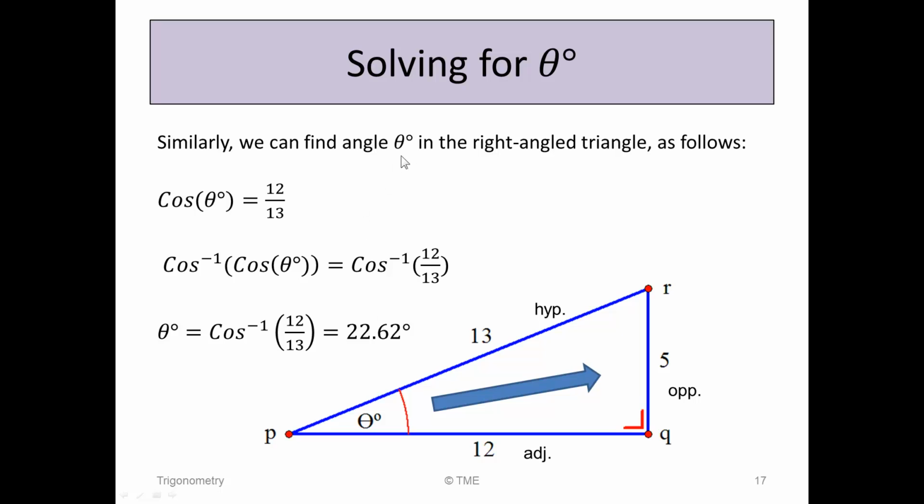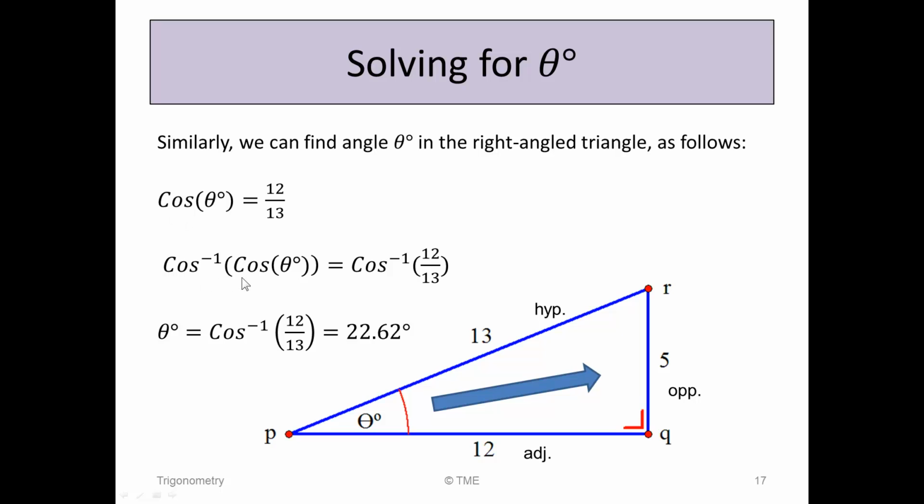Similarly, we could find the angle using the cosine. Cosine theta in this case is adjacent over hypotenuse, using the mnemonic CAH. So the cos of theta is 12 over 13. If we know that, we can identify theta. The unlock key for a cos, or its pair, is cos inverse.